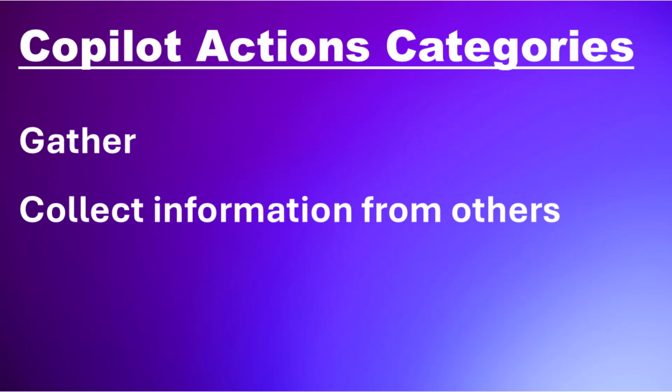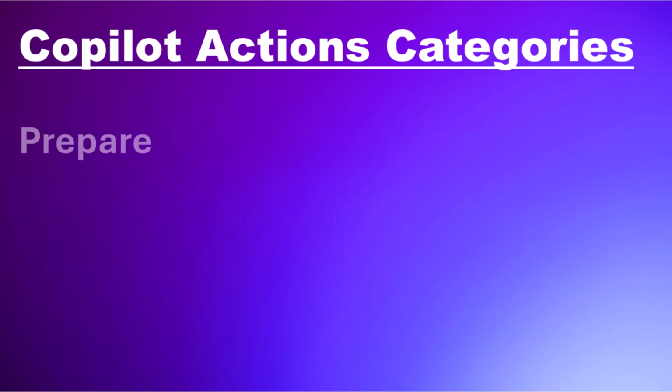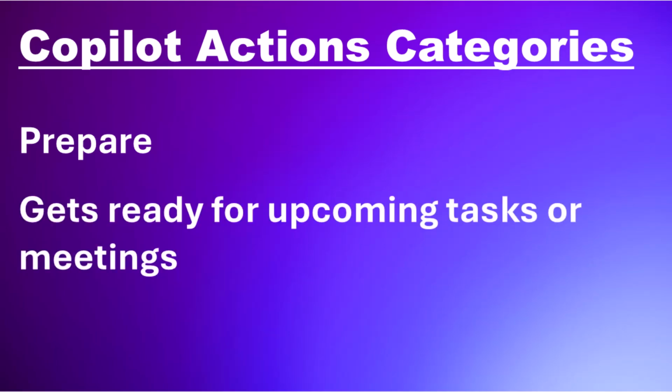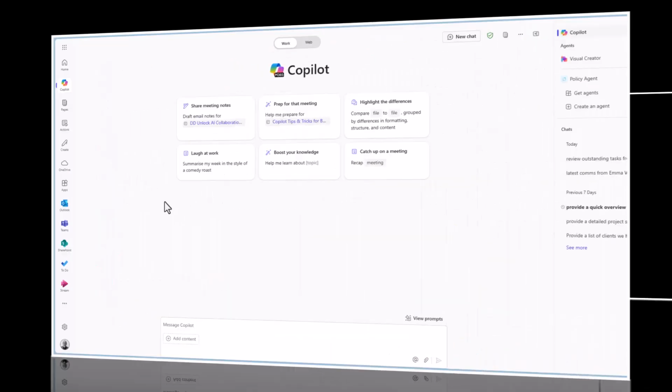It keeps track of who has responded to your requests and even sends reminders to those who haven't. Lastly, prepare actions get you ready for upcoming tasks or meetings. It pulls together information details from emails, chats and files so you're fully informed and up to date.